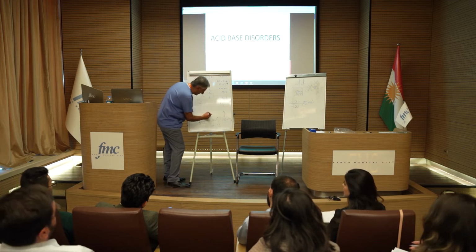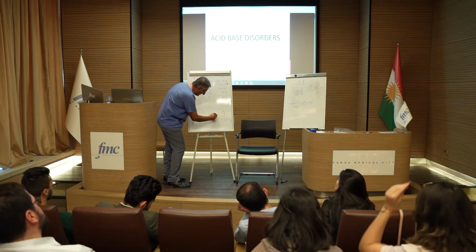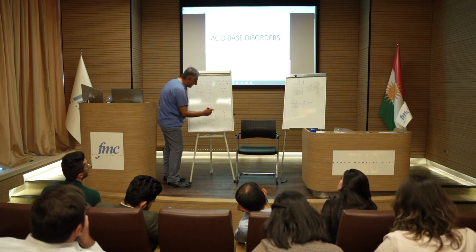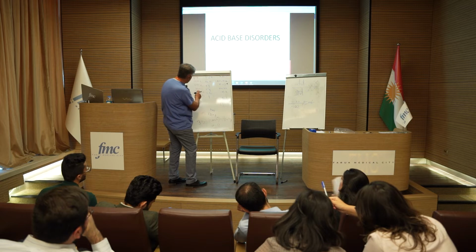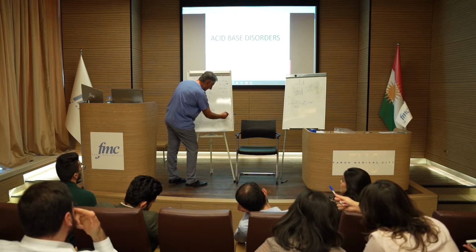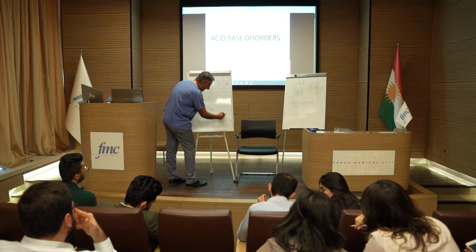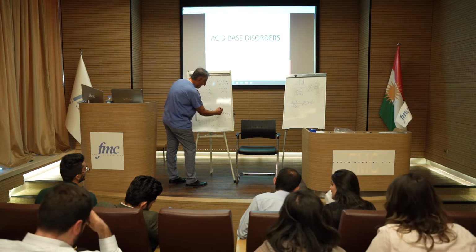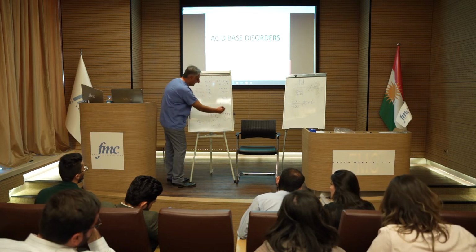So sodium is 138 plus 5, 143. We know the bicarb, which is 17, and chloride 115, so 132. 11.